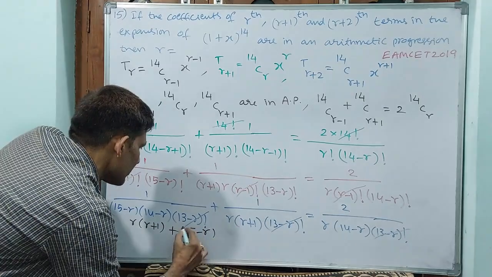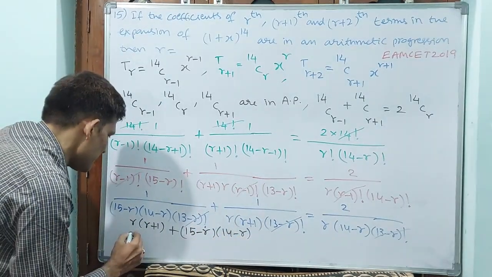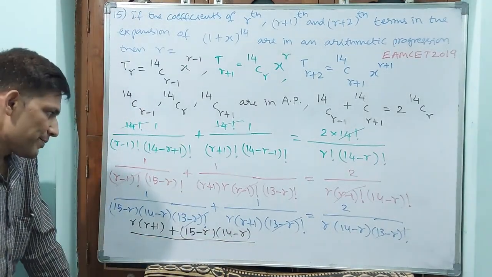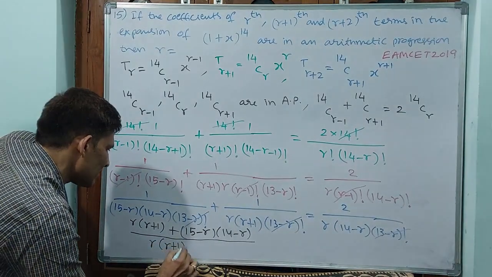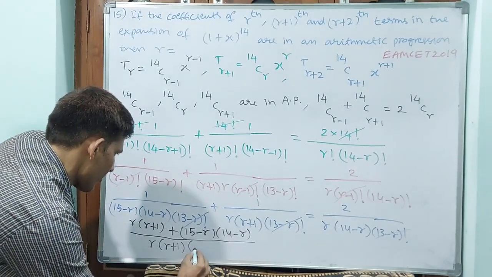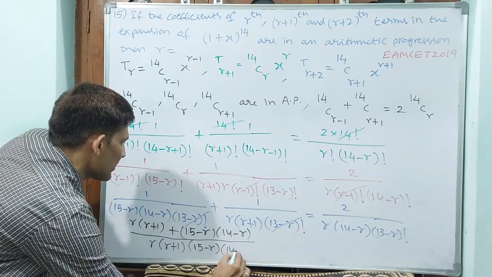Okay, now divided by r into r plus 1 into 15 minus r into 14 minus r.